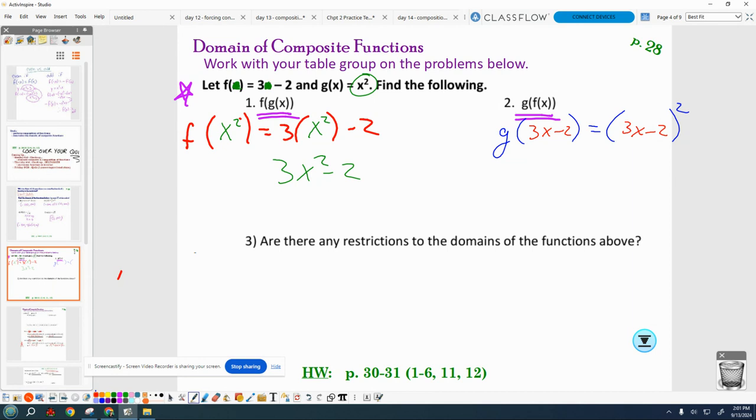Yeah, and then 3x minus 2 squared. Okay, and those of you who don't do the expanding in your head well, write it out. 3x minus 2 times 3x minus 2, first times first, 9x squared. 3x times negative 2, negative 2 times 3x, negative 2 times negative 2, and then combine like terms.